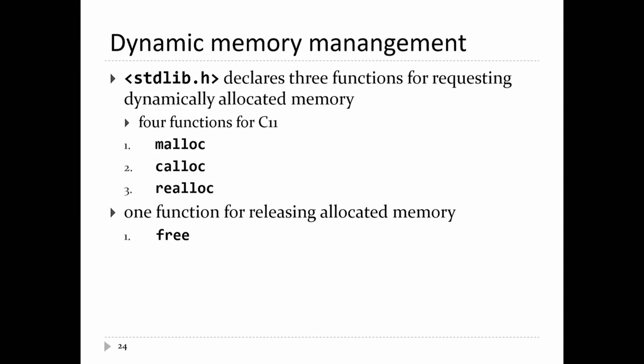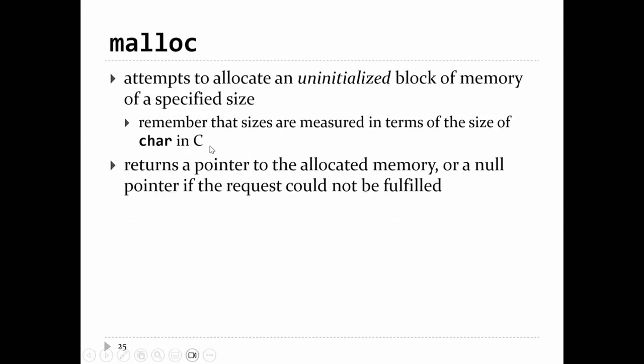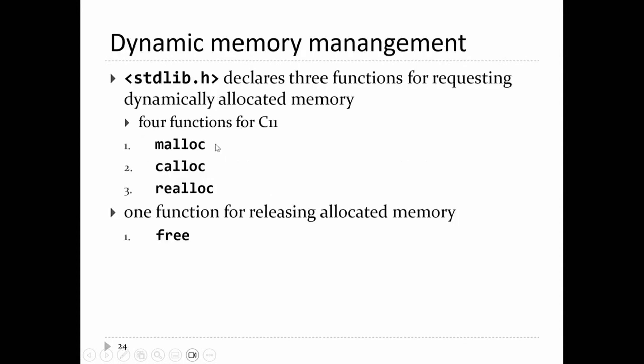So a large part of C programming is ensuring that you are correctly managing memory. To allocate memory, there are three functions: malloc, calloc, and realloc. Malloc is a request for a block of memory.